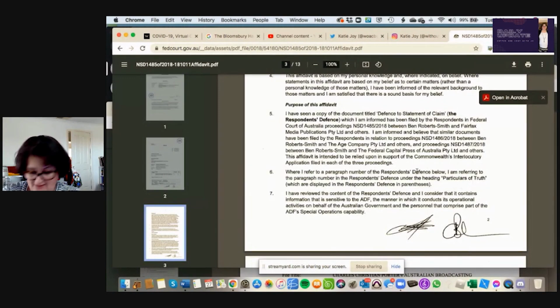Now, the other thing that you notice, while I talk about affidavits: every page of the affidavit in Australia has to have two signatures. One is the person signing the affidavit, and two is the person that witnesses the affidavit. So although you swear the affidavit, you have to literally go through in their presence and sign every page.